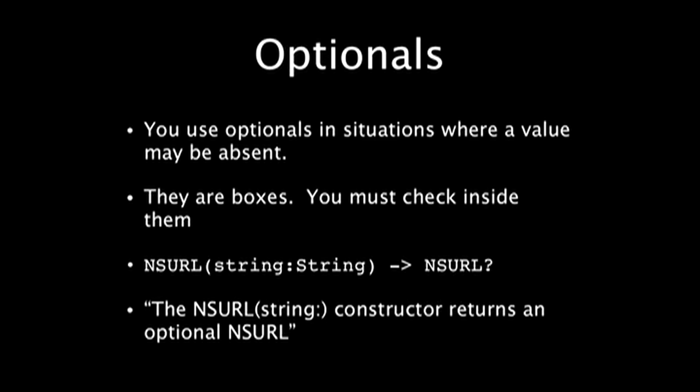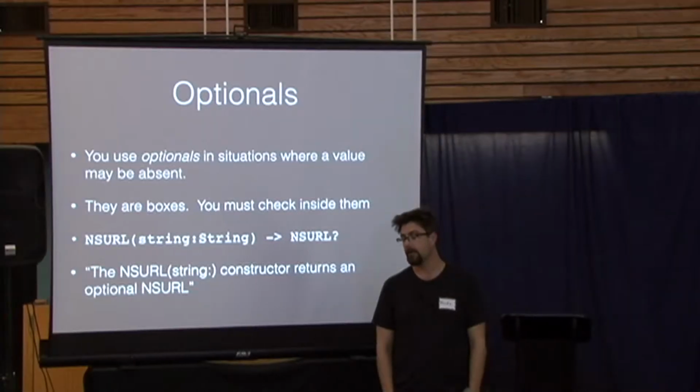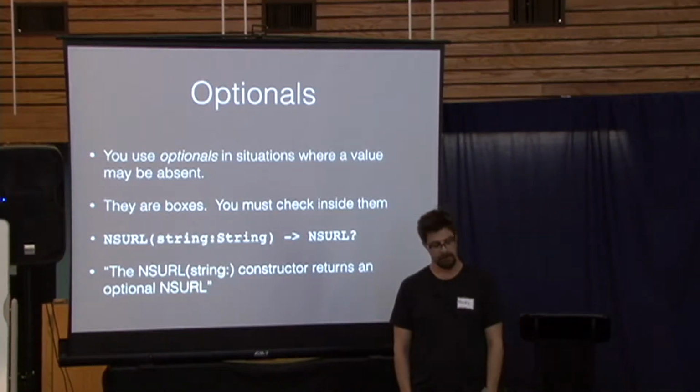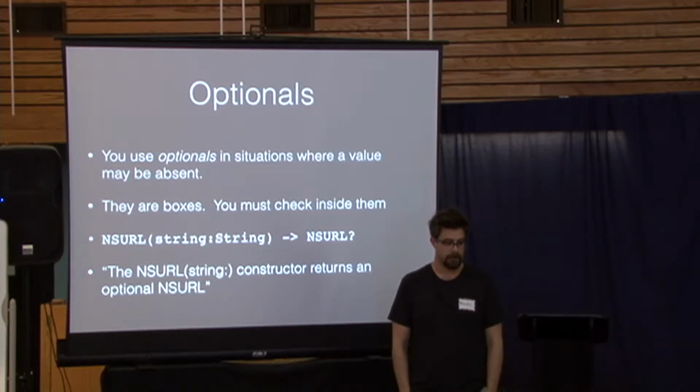I'm not going to lie, optionals are funky, and it's a little bit hard to wrap your head around. Hopefully we'll get it, but what's really tricky is understanding when you would design with an optional. What an optional does is communicate that there may or may not be a value.